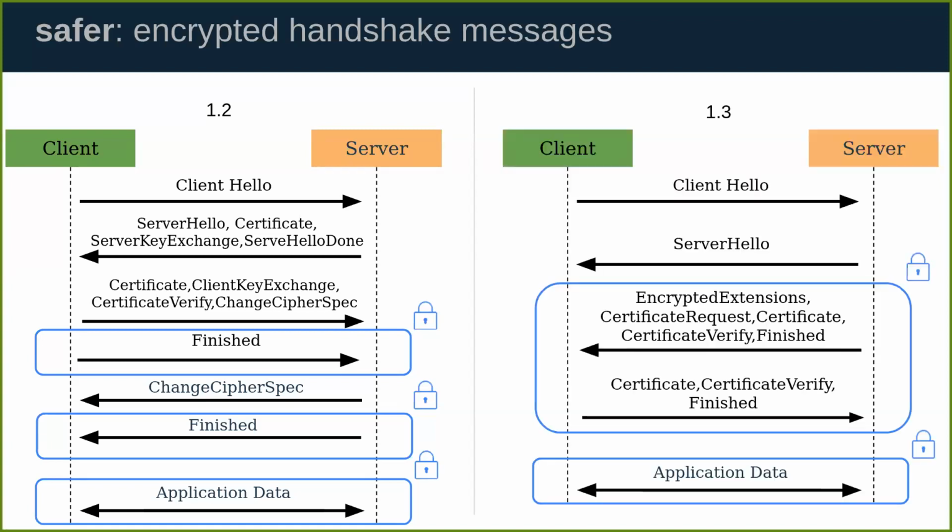And in TLS 1.3, everything is encrypted past the initial client hello and the server hello. These first two messages are only in plain text because they are used to establish the cipher material, the cryptographic keys that are used for the encryption of the further stages.